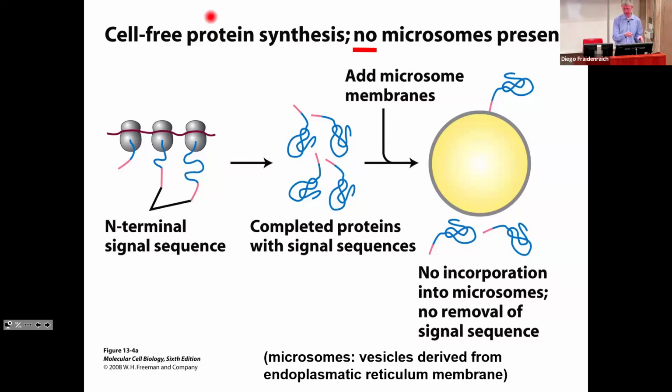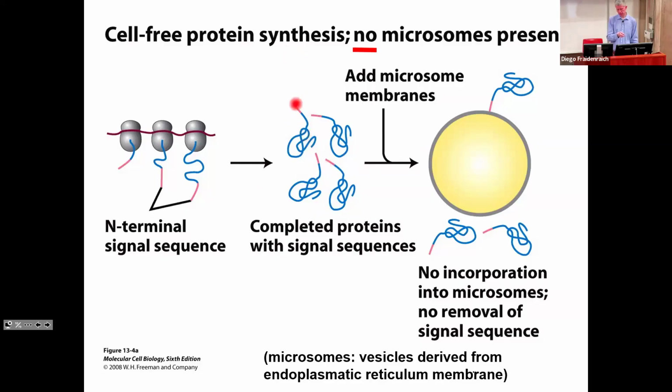In vitro means you have these purified components, you synthesize proteins, and then you make a protein extraction. So you have just the proteins present, and these proteins would contain this signal sequence for the import into the endoplasmic reticulum.